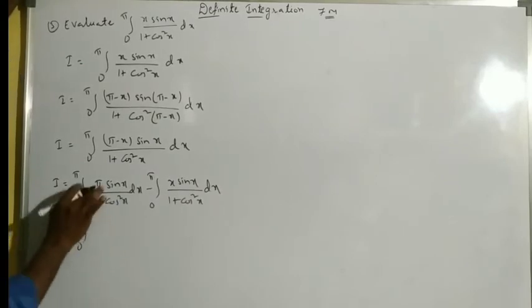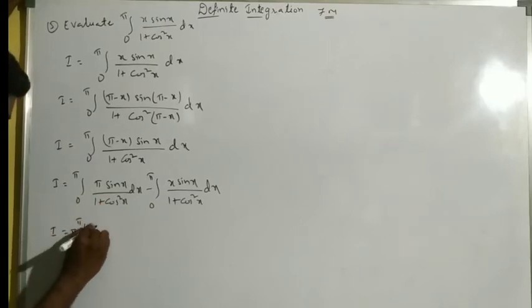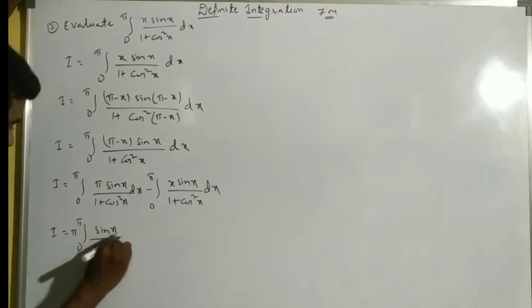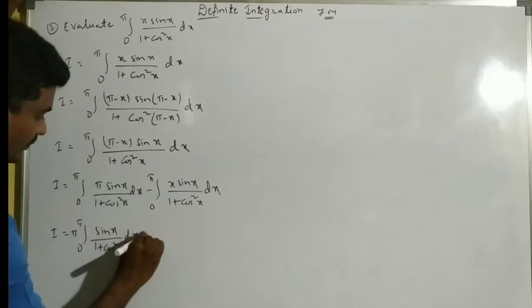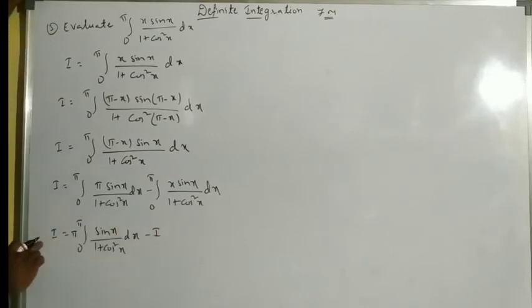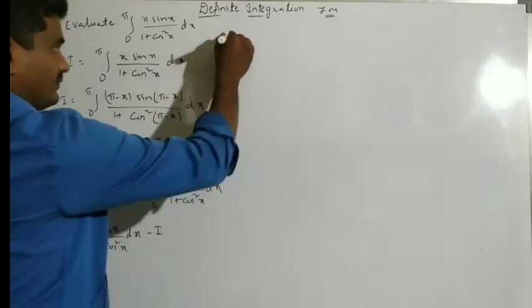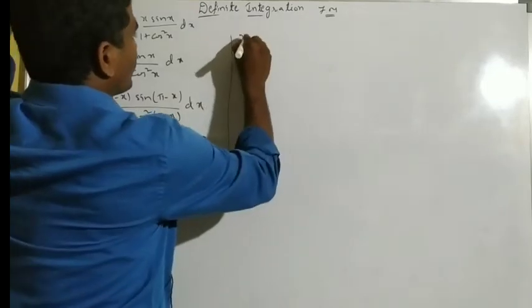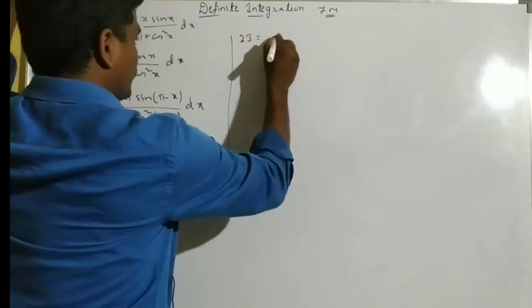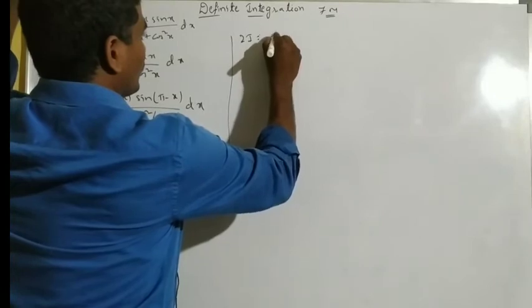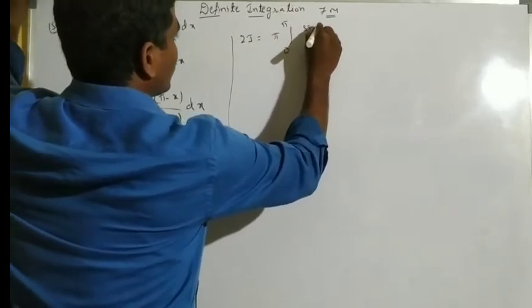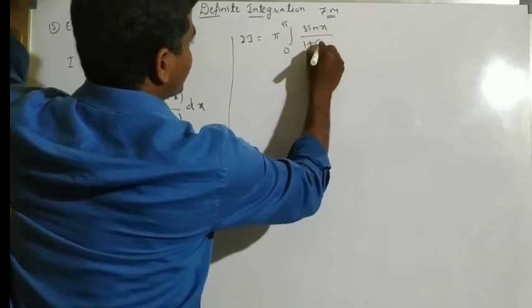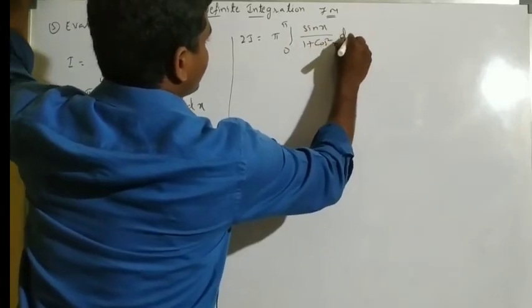This pi is a constant, so we can write pi here, of sin x by 1 plus cos square x dx, minus I. This minus I, when I take here, 2I equals pi of integral 0 to pi of sin x by 1 plus cos square x dx.